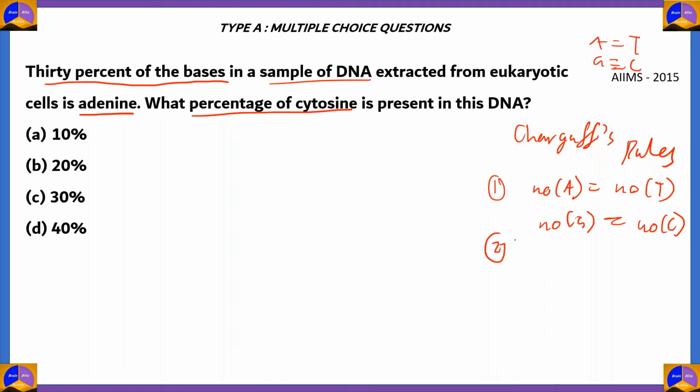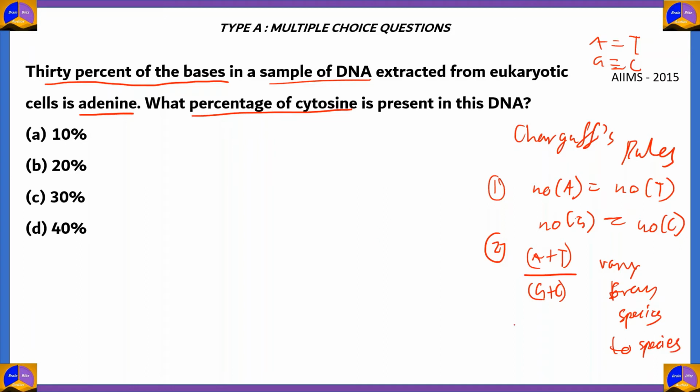And rule number 2, which says that the number of A plus T divided by the number of G plus C may vary from species to species. This ratio can vary from species to species.